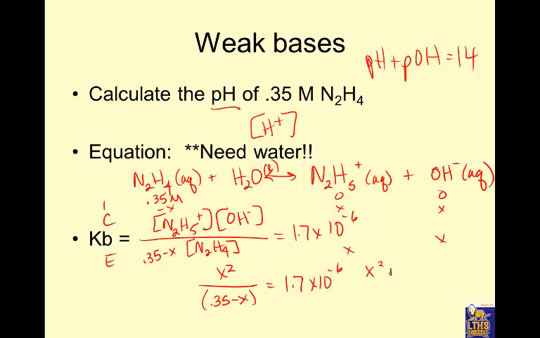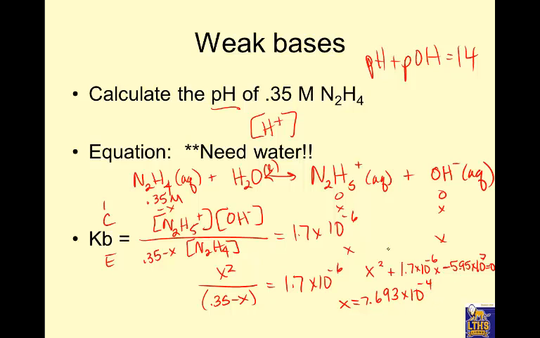So x squared plus 1.7 times 10 to the negative 6 x minus 5.95 times 10 to the negative 7 is equal to 0, and then use the quadratic formula and solve with A, B, and C. After you do that, you'll find out x equals 7.693 times 10 to the negative 4. Practice the math on that.